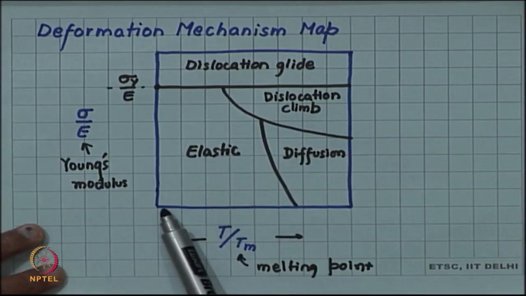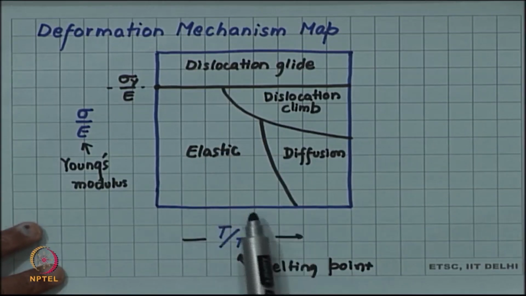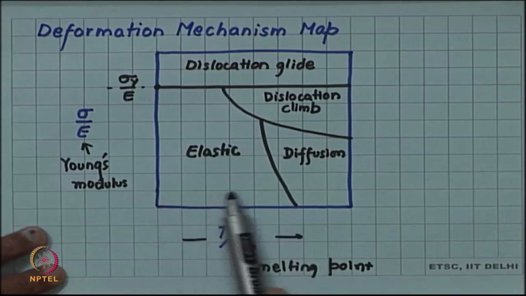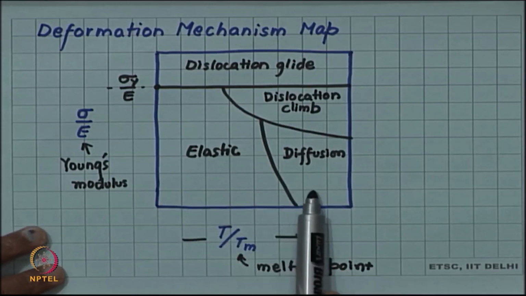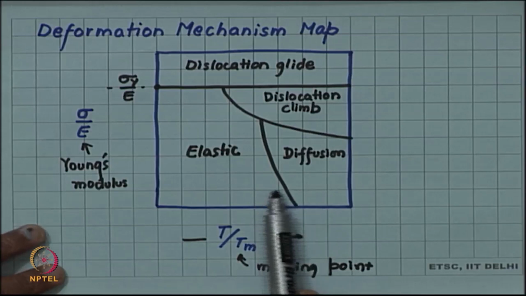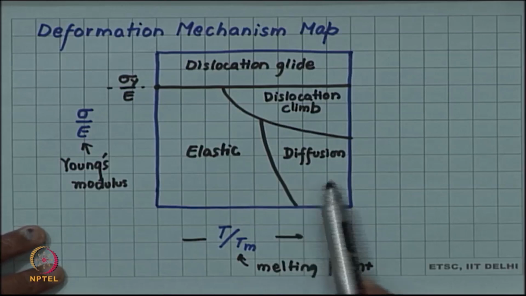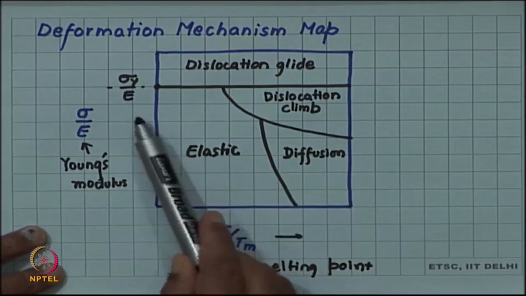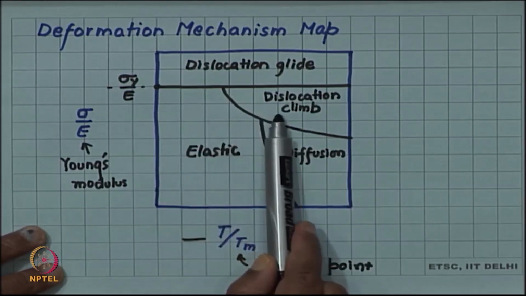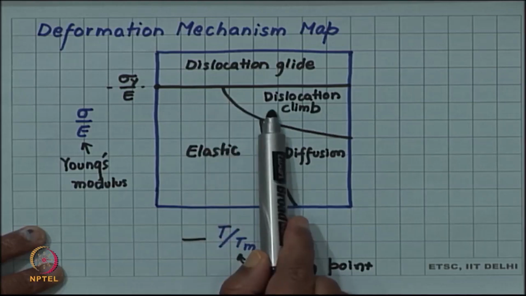So, as you increase the temperature at a constant stress, you will go from elastic to plastic deformation at some higher temperature, because diffusion based mechanism will start to take place. If the stress is high, then you can go into the dislocation climb mode also.